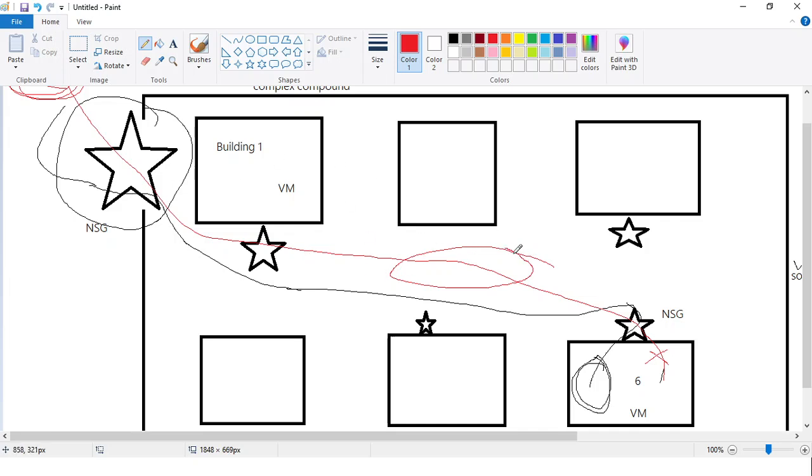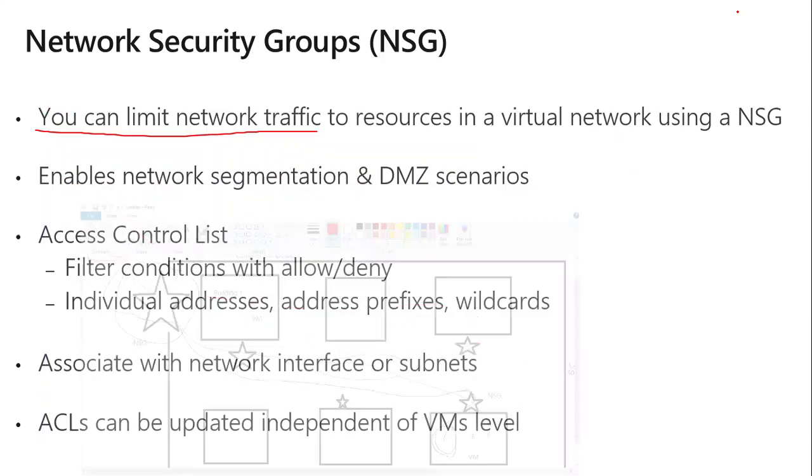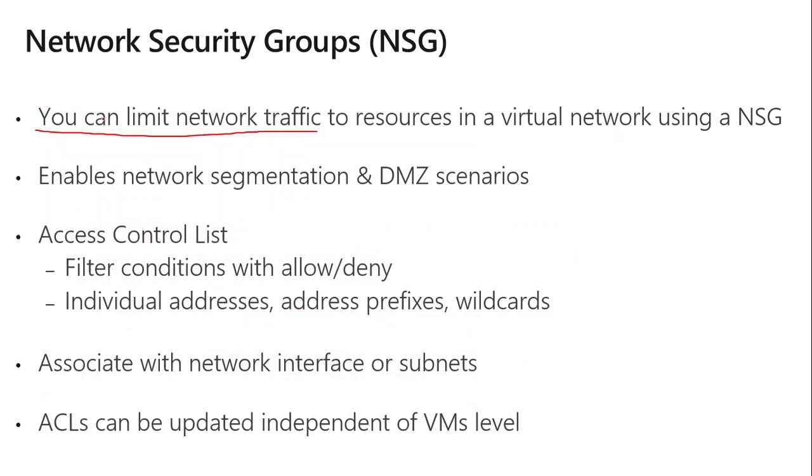So we want the garden to be enjoyed only by society people and some visitors we have allowed. Make sense? So this is a simple example. We can limit the traffic to our resources in the virtual network by using NSG.